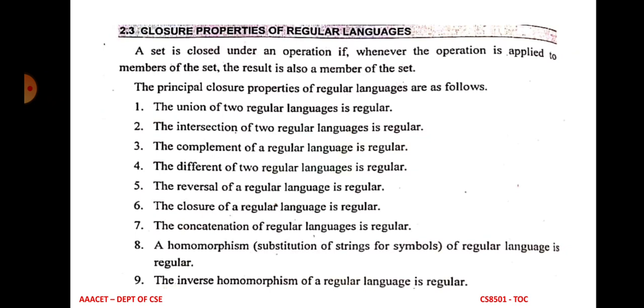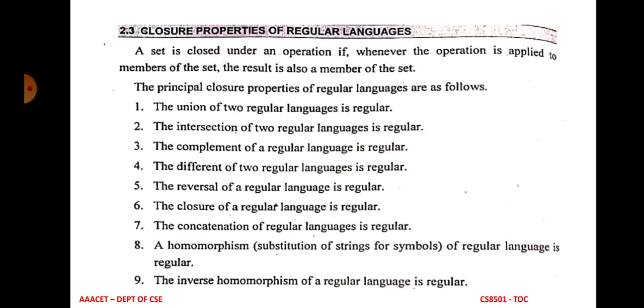If you apply the union operation, A union B, the result is the set of 1 to 6. So the union operation is applied to members of the set, and the result is also a member of the set. So this set is said to be closed. That's why the properties of regular languages are called closure properties.